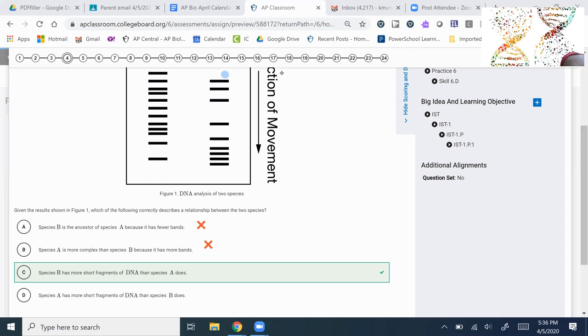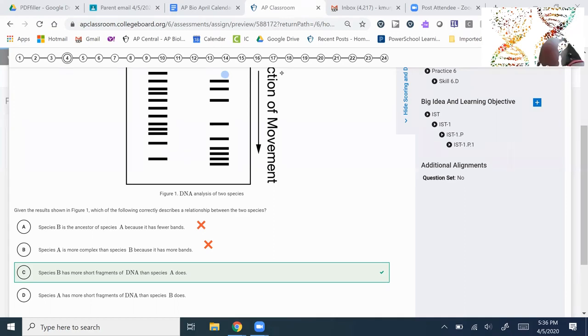Letter D, species A has more short fragments than species B does. All right, so the question is, which of the following correctly describes the relationship between the two species? I don't know if that is a relationship. It has more short fragments than species B. Let's see what it says here.